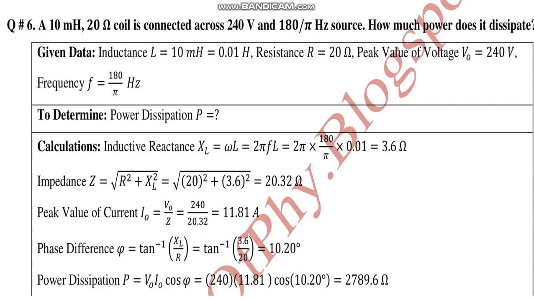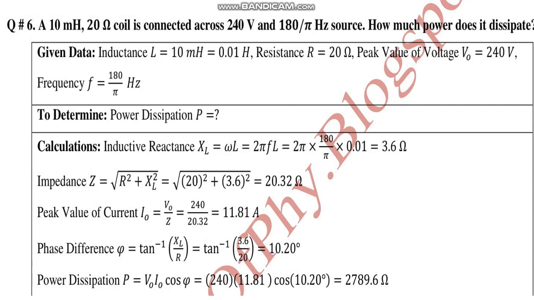We require power dissipated. So power dissipation formula is equal to V naught I naught cos phi. V naught is given in the question, but I naught is not given in the question.